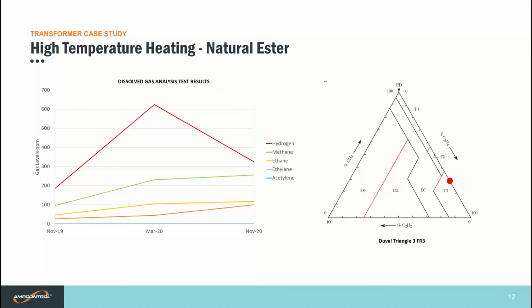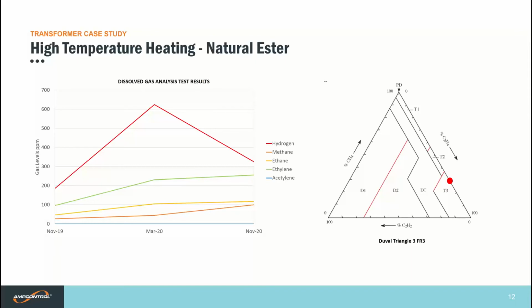Acetylene is not being generated. This is positive. Its presence in the sample points to either the severity of the fault or the involvement of electrical contacts. Also, the ratio of CO2 to CO, carbon monoxide, is greater than 7, and this test data suggests that the heating fault may not be significantly degrading the paper insulation.